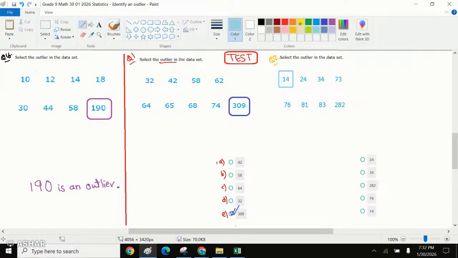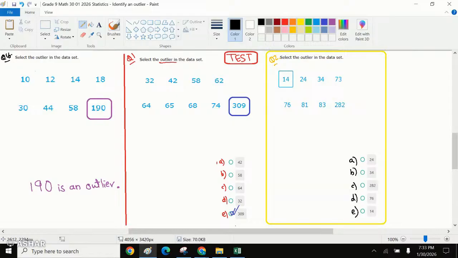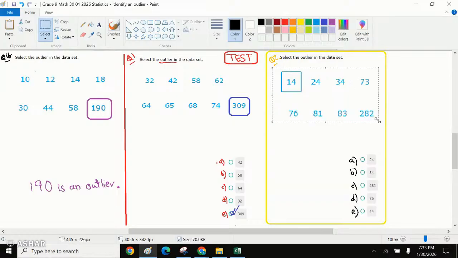So what would be an outlier in question number 2? Should it be option A, B, C, D, or E? Which number do we see as an outlier over here? Is it 14? Is it 24? Is it C?